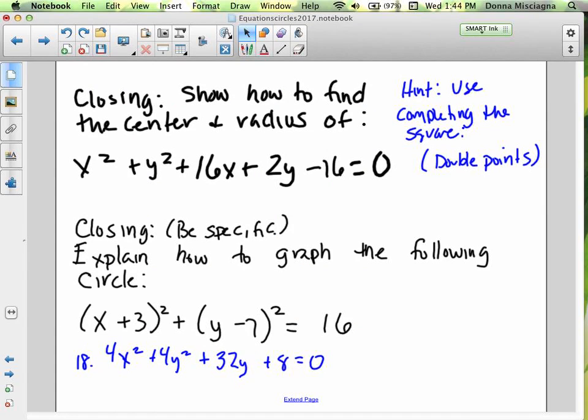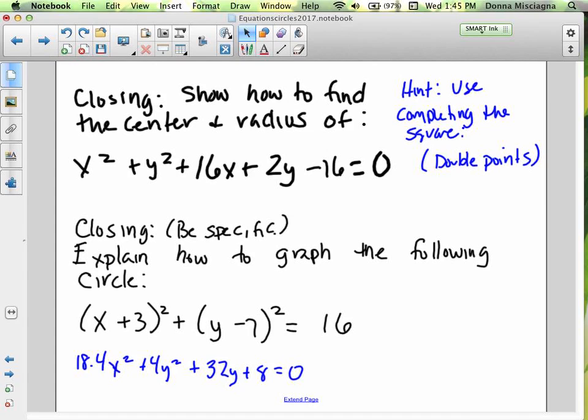Number 18 here, so if you're watching this, I'm going to tell everybody, I changed the problem ever so slightly on the classwork, because you end up with fraction values, and, well, yes, I know you can figure it out. My intention was for you to practice the steps for writing the equation of a circle, not necessarily to practice your ability with fractions.